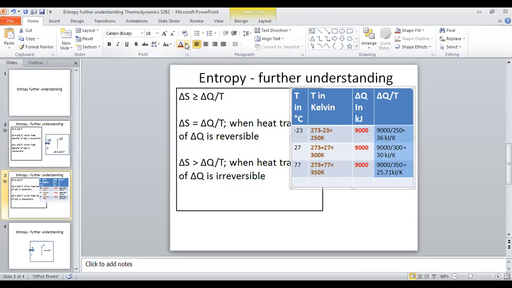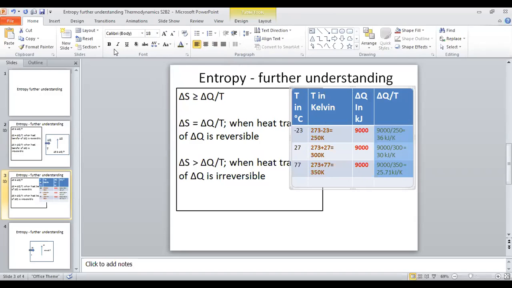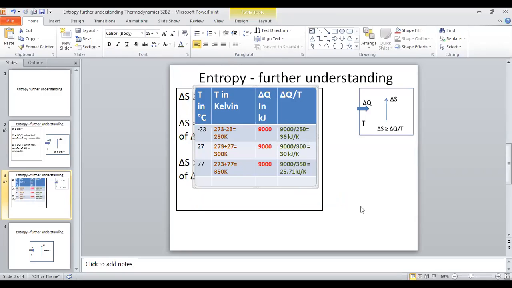When the temperature rises, the delta Q by T value is decreasing. You can see here.